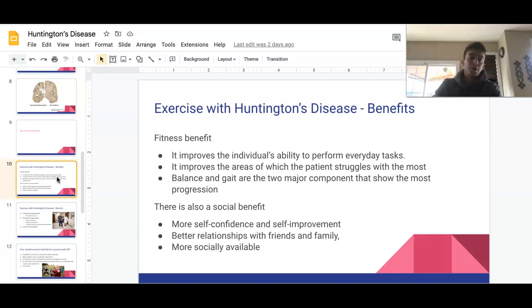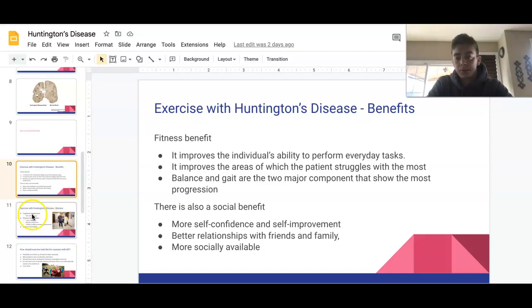Balance and gait are the two major components, so those you typically show progression in. For the social benefit, the patient usually feels more self-confident and shows self-improvement. They typically have better relationships with family and friends, and are just overall more socially available.